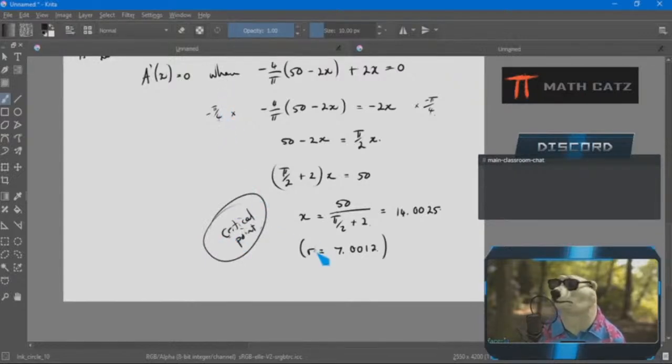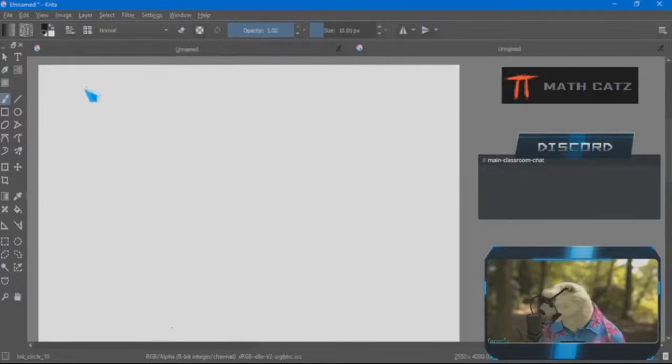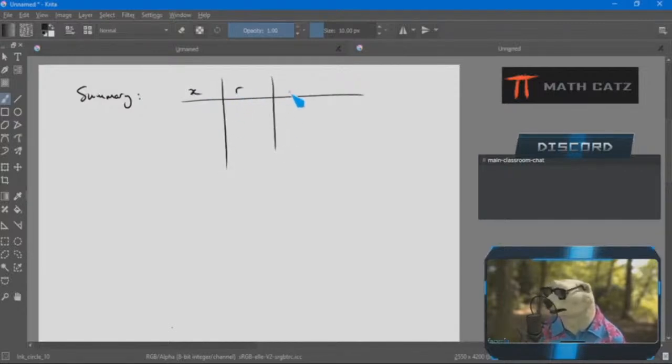And I will definitely have to find the area, but I also have to make a summary of, let's say maybe x. Maybe I want to go to the original function, whatever version works, right? So my critical point was 14.0025 rounded, and R was 7.0012. Very close, but those decimals could matter.